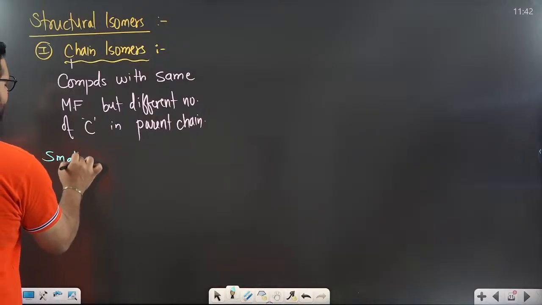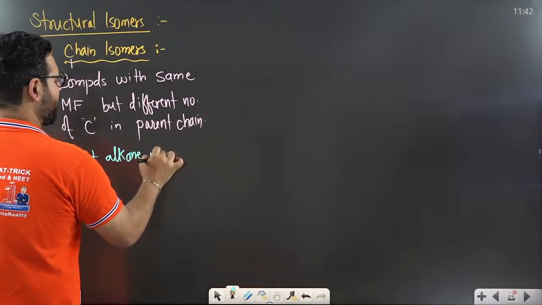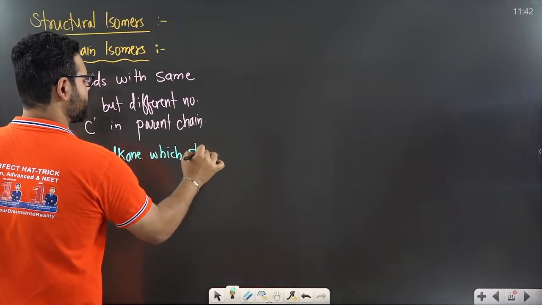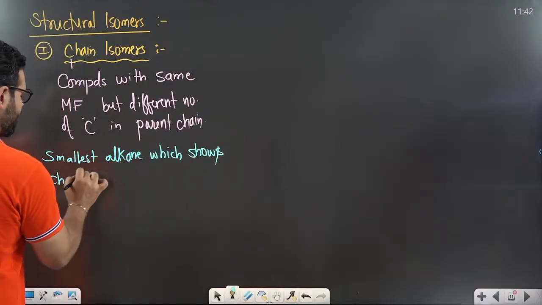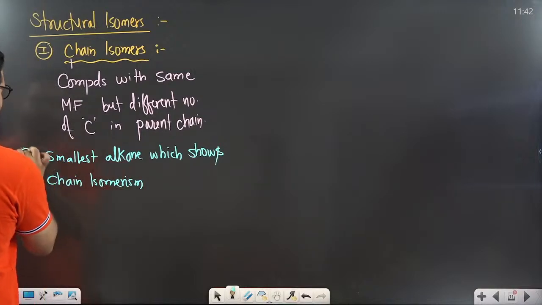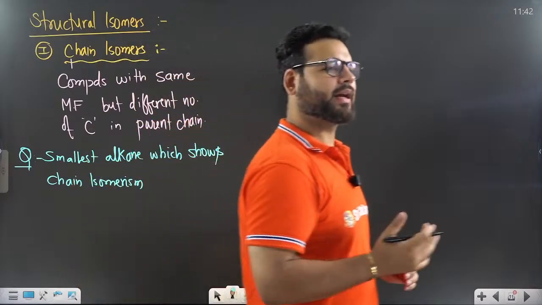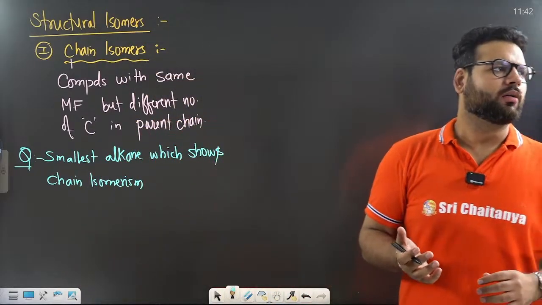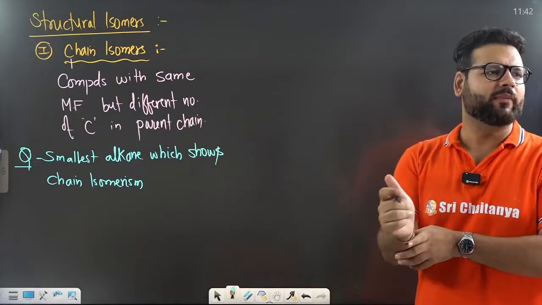Smallest alkane which shows chain isomerism. That's correct. Human has given the correct answer. Can everybody give me the answer?